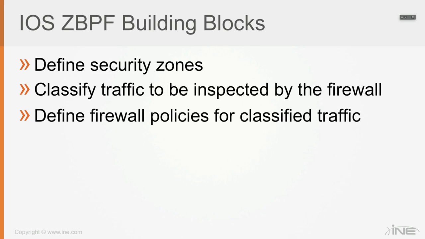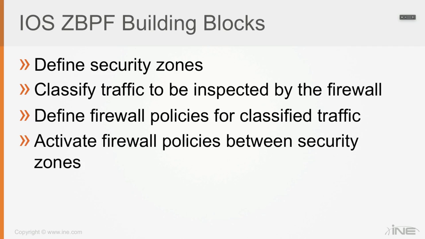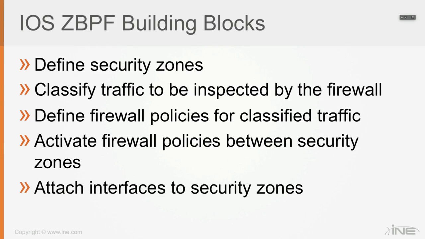Once we match classified traffic flowing through the router, what do we want the firewall to do with each class of traffic? Then we have to activate or enforce those firewall policies between security zones. And the last step is to attach interfaces to the security zones.